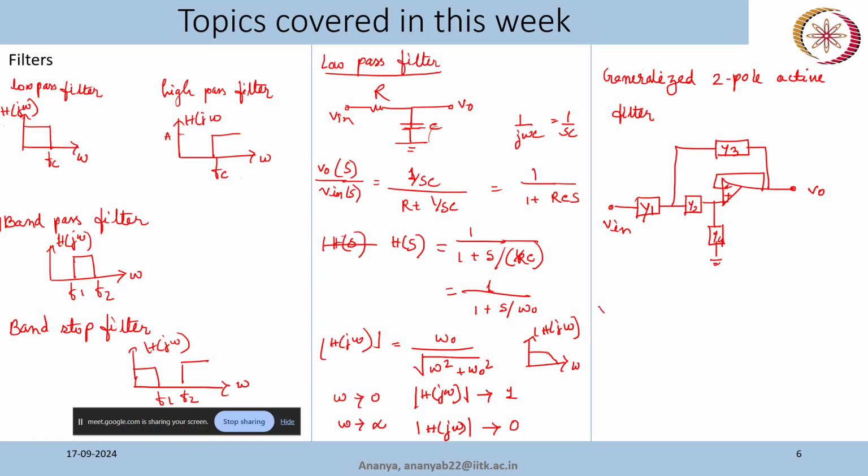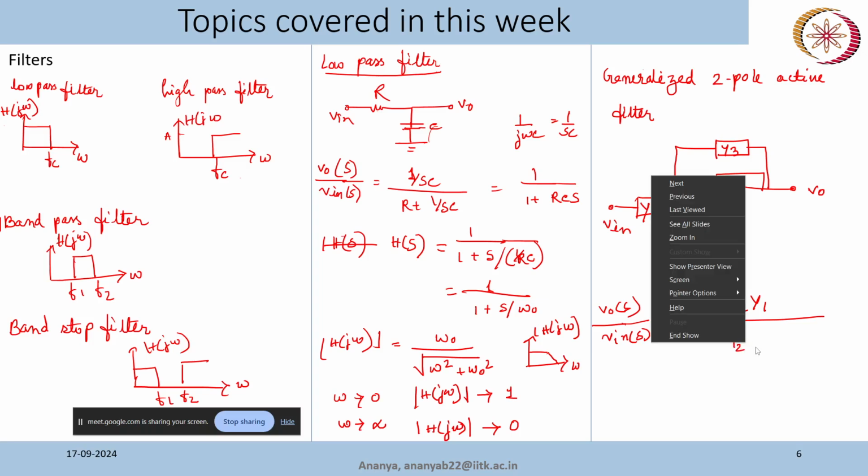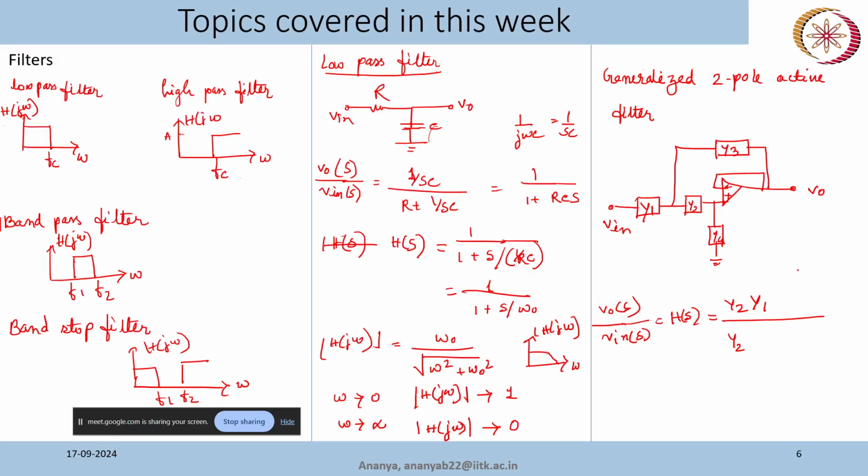In this case, the transfer function is V0 by Vin, and the expression is Y1 Y2 divided by Y1 plus Y2 plus Y3 times Y4 plus ... If you remember this expression, instead of Y1, Y2, Y3 and Y4, whatever components are given, you can put those values and find the gain of this filter at different frequencies.